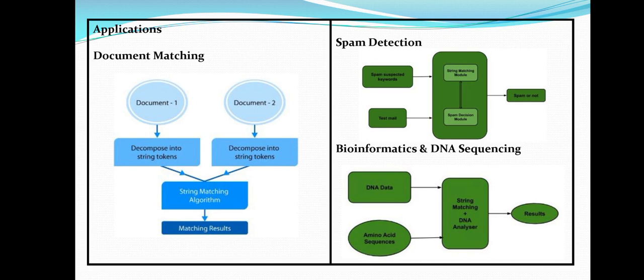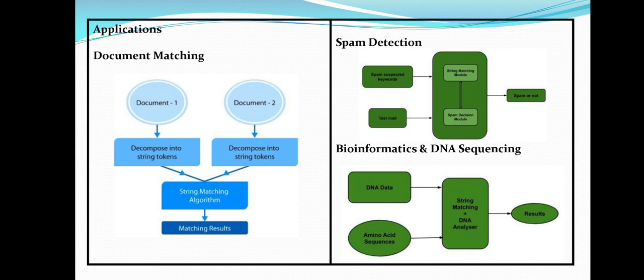Next one is bioinformatics and DNA sequencing. We may all have studied about DNA, right? There are four bases involved in DNA sequencing: adenine, guanine, cytosine, and thymine. So ACGT. Various combinations of ACGT will form the protein, right?